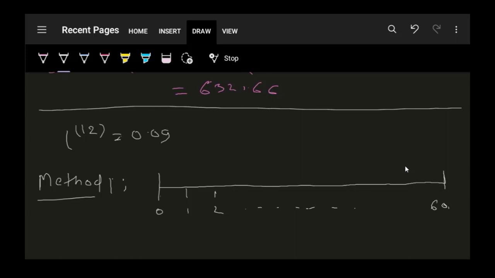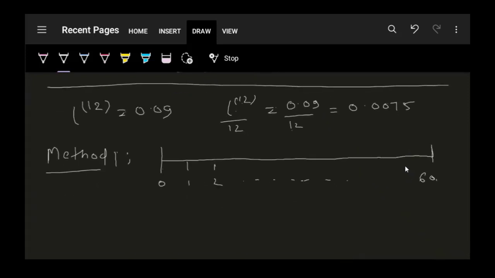So in each month I am earning an effective rate of i12 upon 12, that is 0.09 upon 12, which will be 0.0075. So this is the effective rate I am earning here, which is 0.75%.